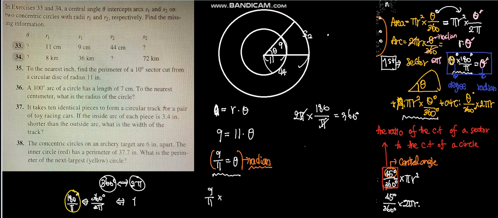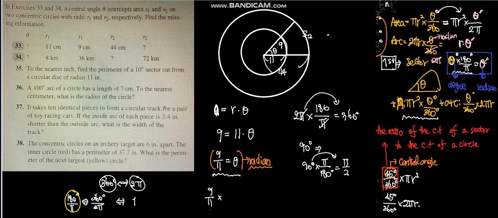But if you have 90, for example, and you want to convert this to radian, then how do we do that? We need to multiply the reciprocal of this one. Therefore, 90 times pi over 180, then you get pi over 2. Okay, so this is from radian to degrees, and this is from degrees to radians.